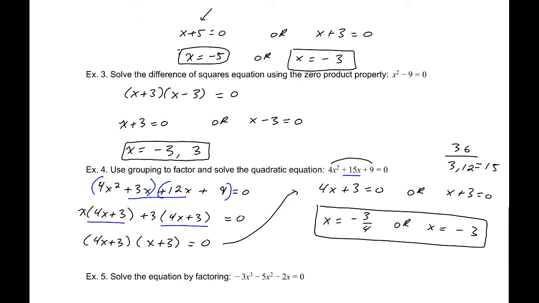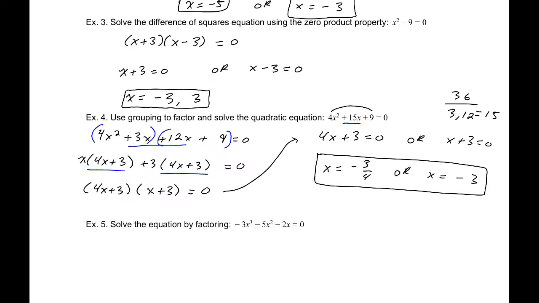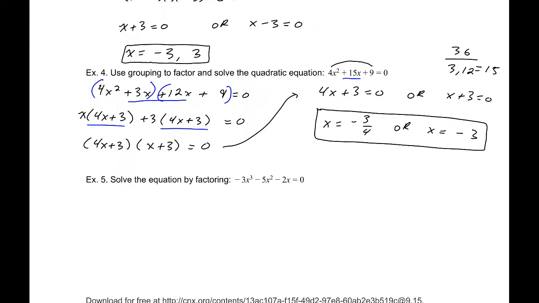And there are two solutions. Now you might notice I haven't checked any of these. The zero product property makes things work out very nicely. Nothing can actually go wrong when we're working with a quadratic in this case, except possibly that it doesn't factor. Okay, so we'll see what happens in a minute when we come up with something like that.